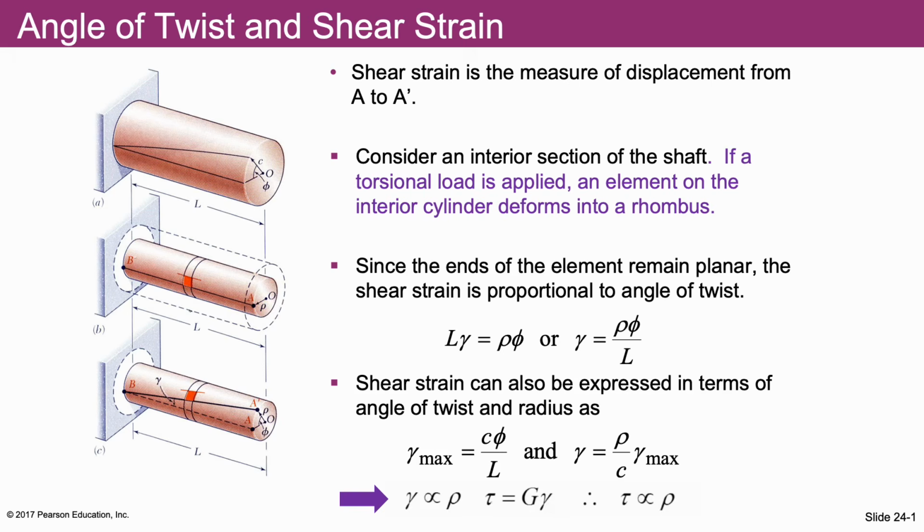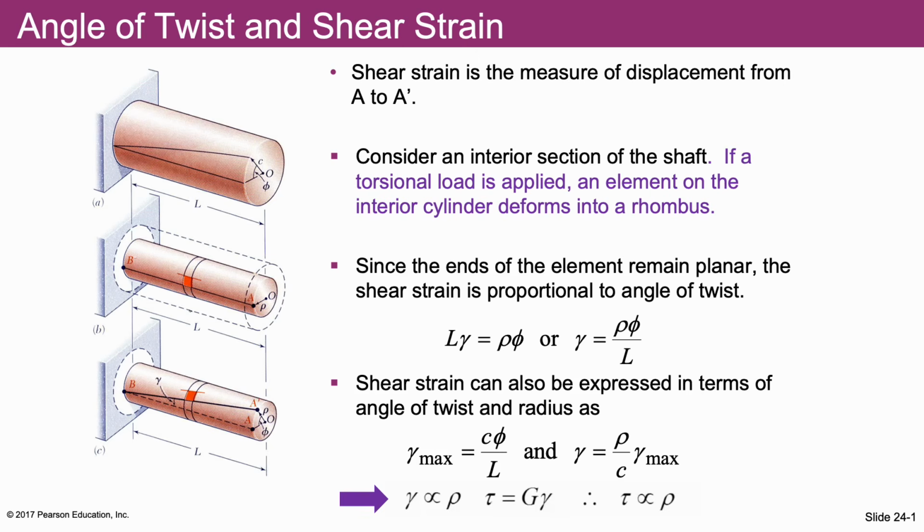Phi represents the angle of twist, and phi times rho represents this arc length AA prime, and this arc length divided by L would be equal to gamma, because we are dealing with small deformations, and for small angles tangent gamma is equal to gamma. Now we have obtained an important equation for the shear strain as a function of angle of twist.